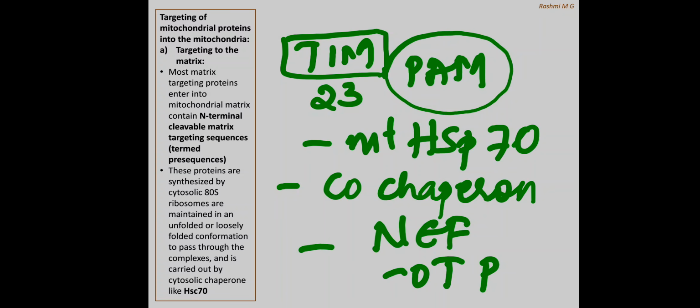So the PAM, that is the pre-sequence translocase associated motor, consists of mitochondrial HSP70, co-chaperone, nucleotide exchange factor, and other proteins.